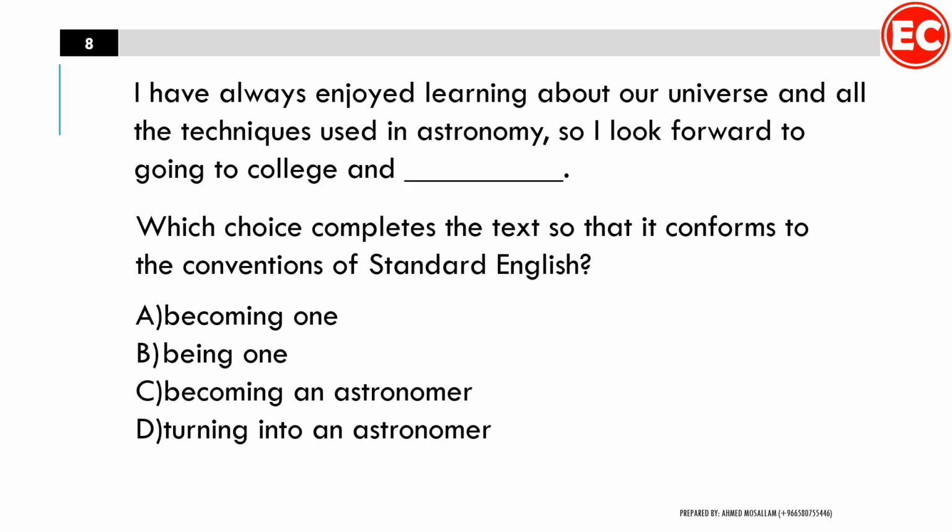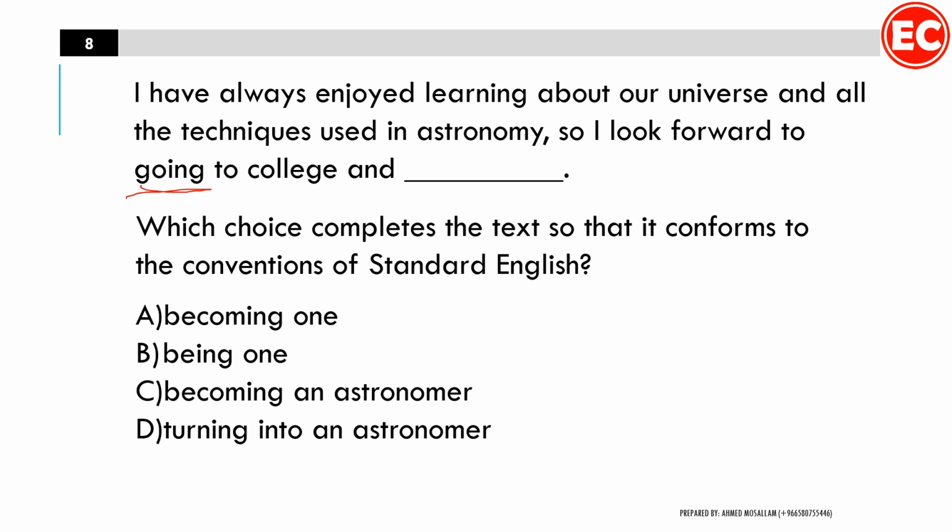Number 8. I've always enjoyed learning about our universe and all the techniques used in astronomy. So I look forward to going to college and... Look here, something we're going to take, inshallah, is called parallelism. "Look forward to": here we needed what? Verb plus -ing. As you can see, becoming, being, turning.